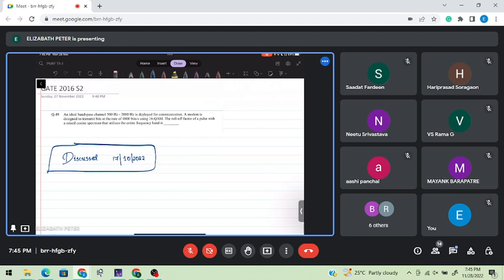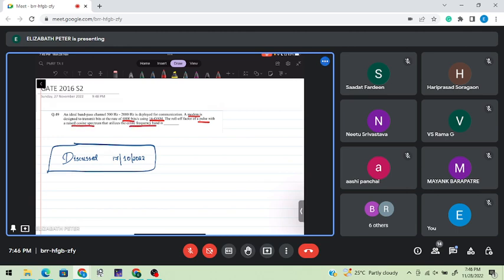So the question says an ideal bandpass channel 500 Hz to 2000 Hz is deployed for communication. A modem is designed to transmit bits at the rate of 4800 bits per second using 16 QAM. Find the roll-off factor of a pulse with a raised cosine spectrum that utilizes the entire frequency band.